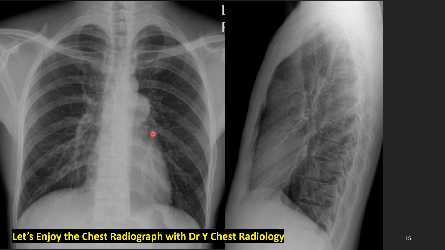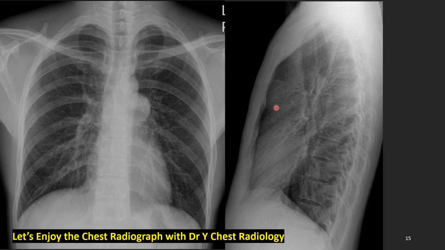And heart margin is obliterated, probably anterior location. And we see the normal left pulmonary artery, not in contact with the tumor. That means this mediastinal tumor is anterior location, prevascular location.